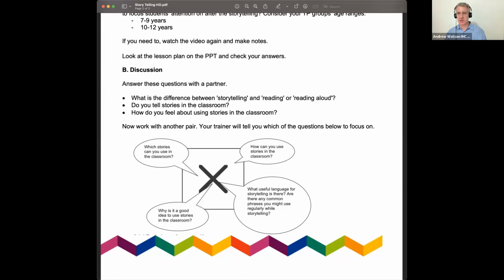Good. So it's something that students enjoy, mainly probably because they don't feel like they're studying English, right? Yeah, because it's so context related. It doesn't feel like they're actually studying language so much. So that is a great benefit, isn't it? That might be one reason why it's a good idea to use stories in the classroom.